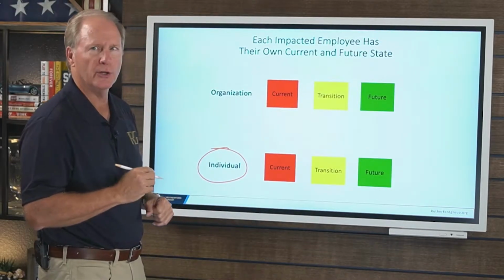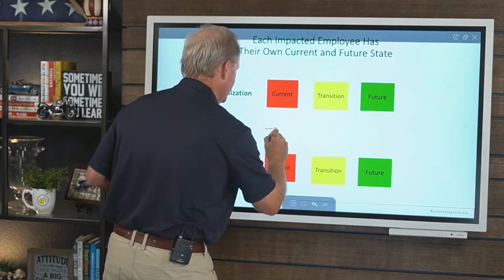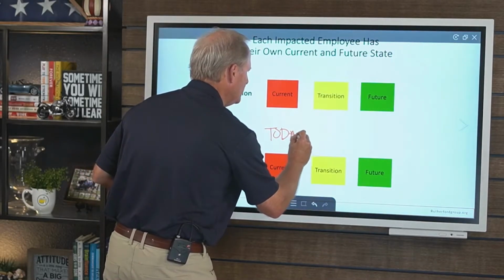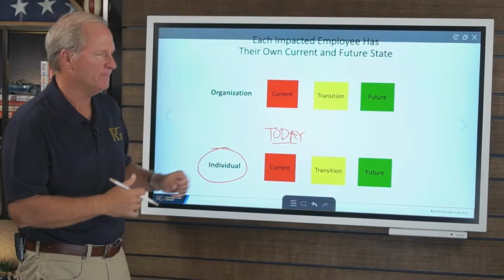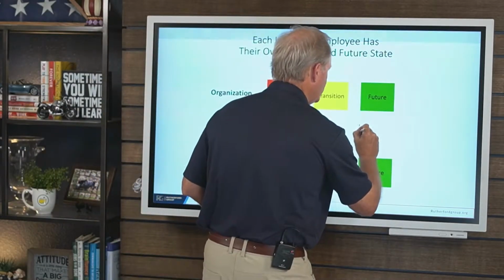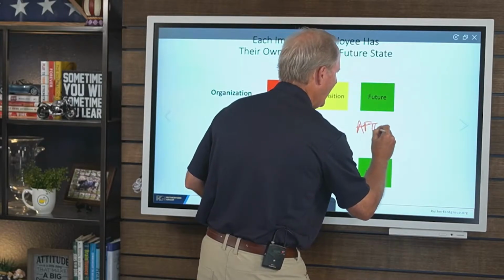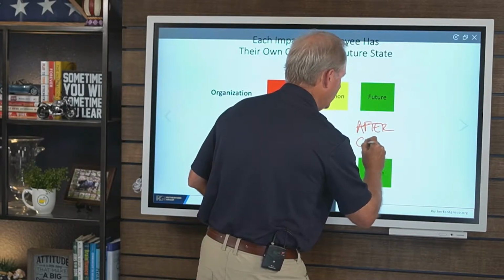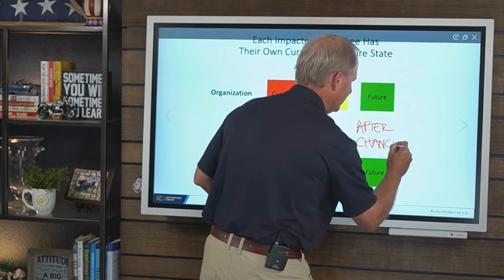First is what we call the current state, which is, how do I do my job today? And then we look at the future state, which is how do I do my job after the change has been implemented?